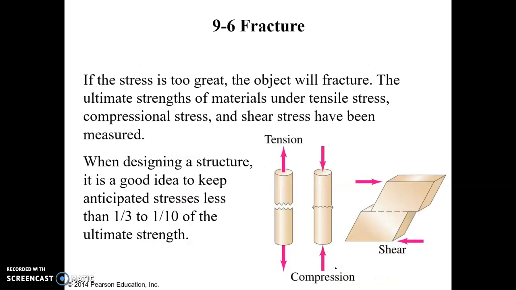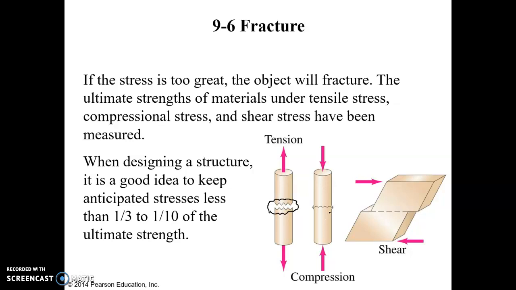So eventually, if you apply enough stress to an object, it will break. So how do they break? Well, with tension, it ruptures. It fractures and ruptures and just breaks apart into two pieces.